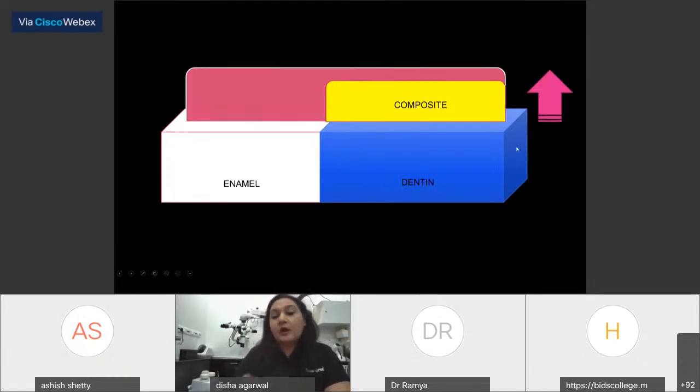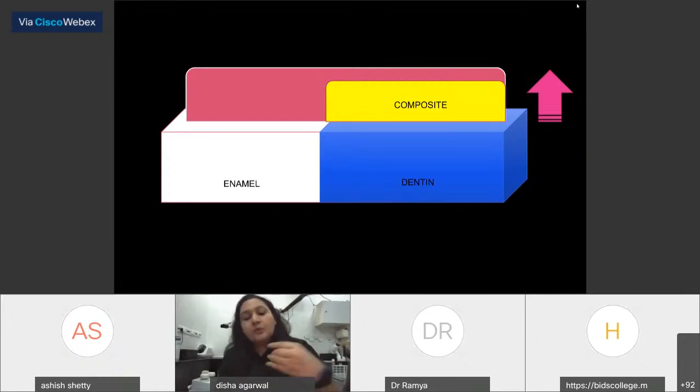Now how can we avoid that? How can we prevent our dentine separation? We do not apply the composite on dentine and enamel together. What we do is apply the composite only on the dentine first. Then we wait for some time. That is what we call decoupling with time. I am decoupling my enamel from my dentine with what?